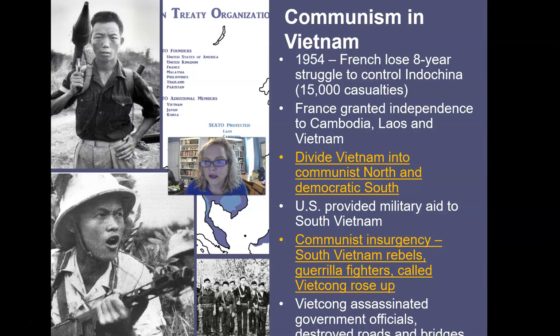And pretty much right away, it's not working in South Vietnam at all. North Vietnam is where Ho Chi Minh and the communists were, but the person that was in power in the South, a guy named Diem, was extremely corrupt.